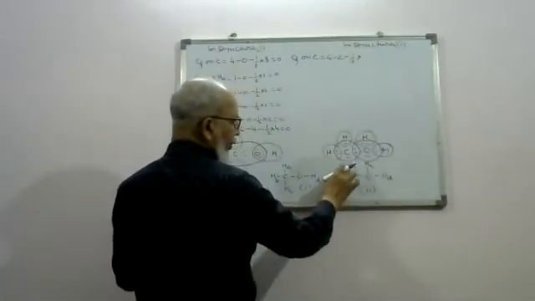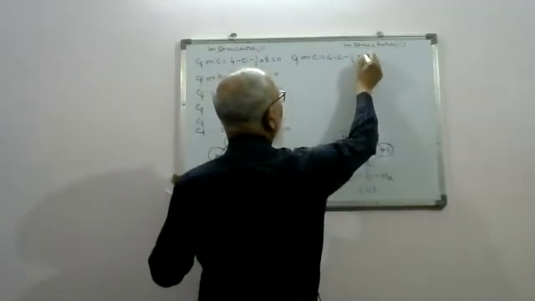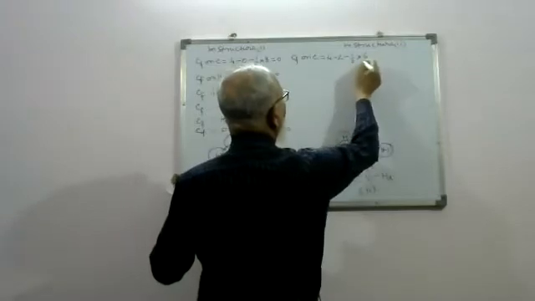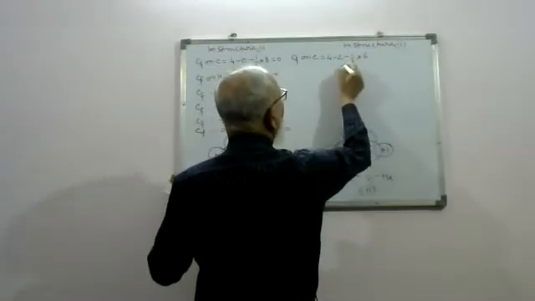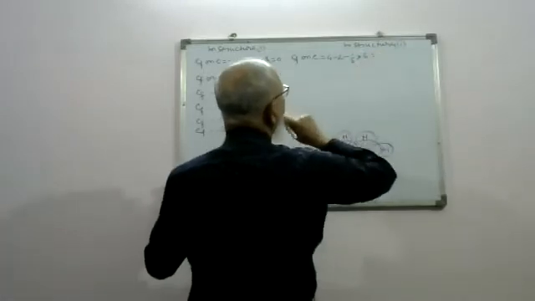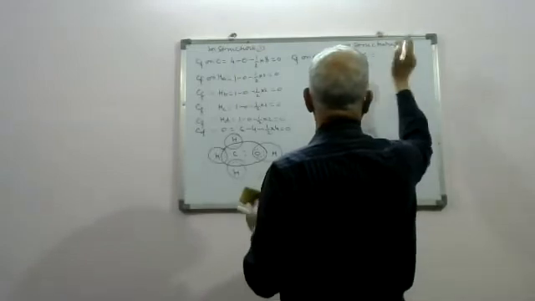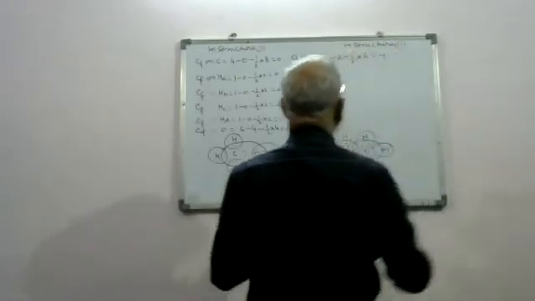Carbon is forming 1, 2, 3 covalent bonds, so this will be 6. This is equal to 4 minus 2, minus 3, which is equal to minus 1.